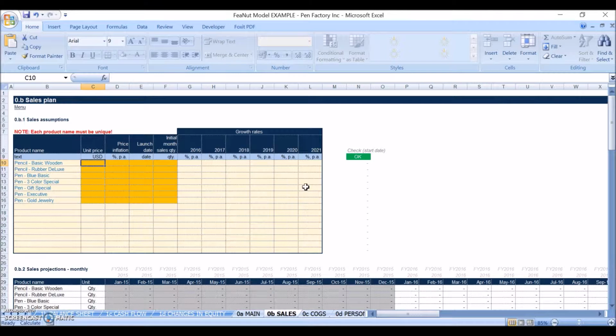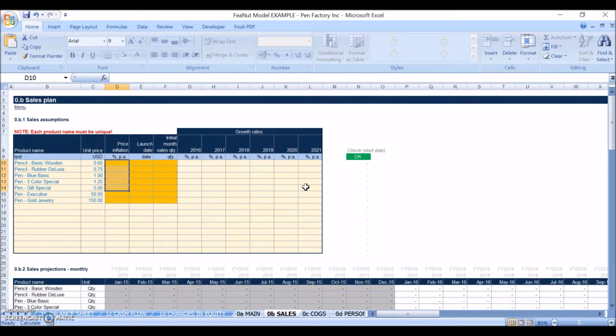So let's use some sample prices for our products. Let's say this one will sell for 60 cents, that's our basic product and lowest priced, and this one for 75 cents, let's say $1, $1.25, $5, and these are premium executive pens, so let's say this will be $50 and $150.